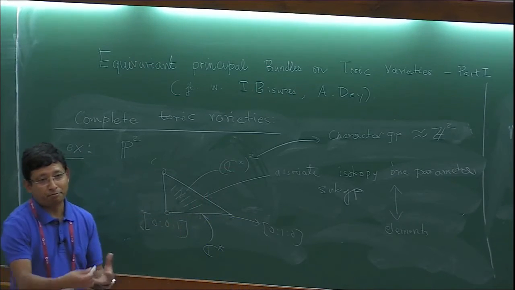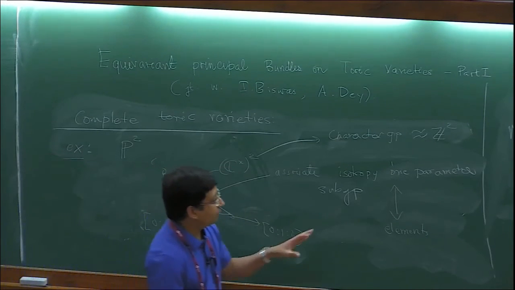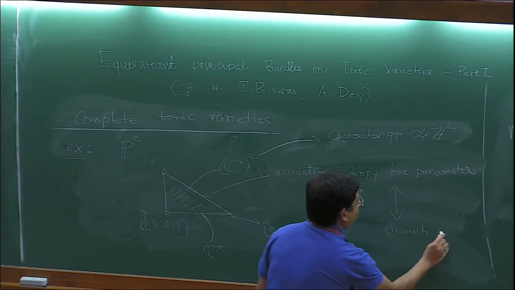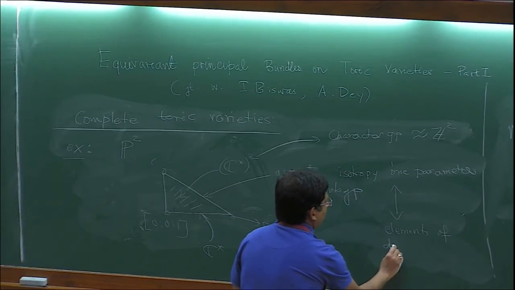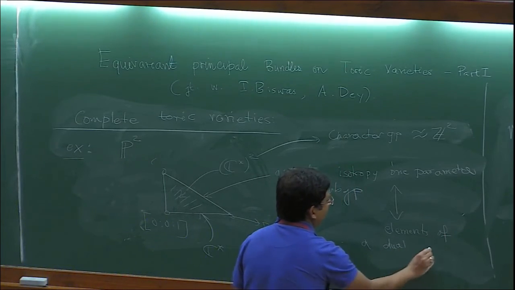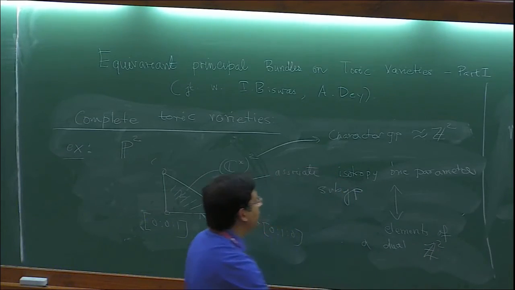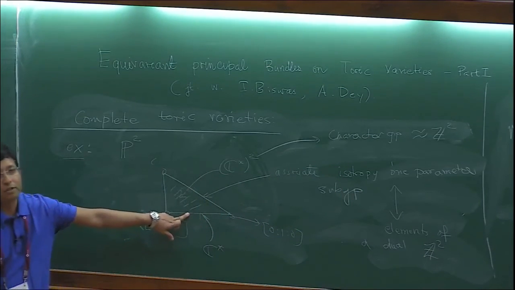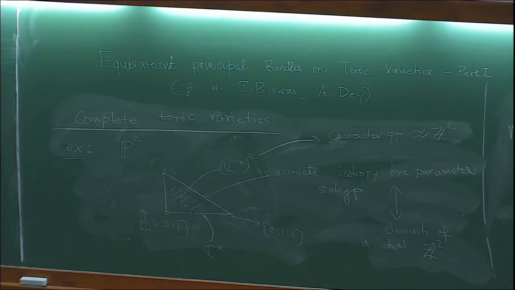That pairing gives elements of a dual copy of Z2. So for every divisor, you can attach an integer vector in that lattice. If you make that picture, you have a Z2 and some 3 special vectors.